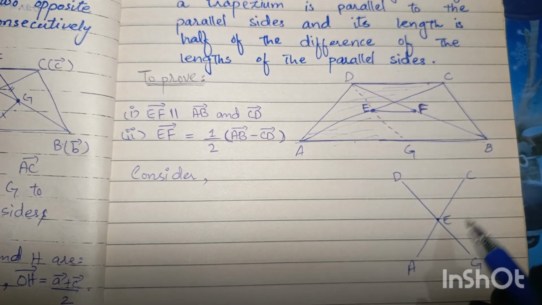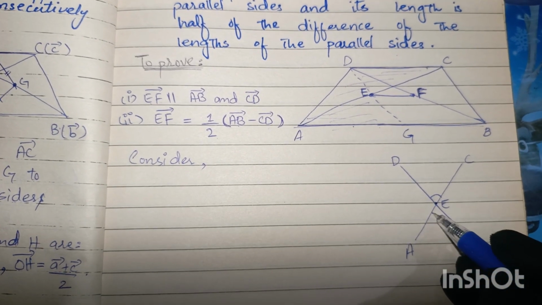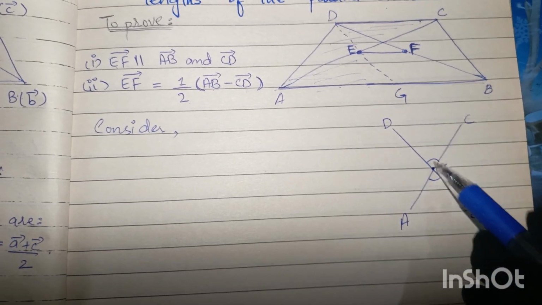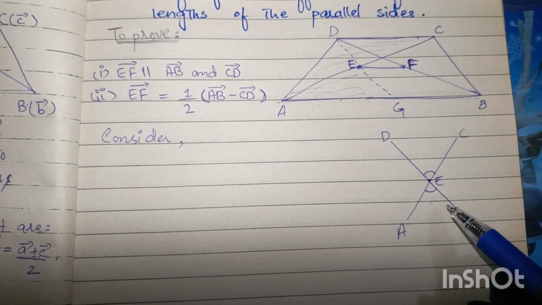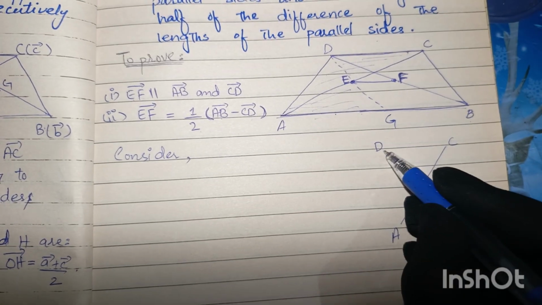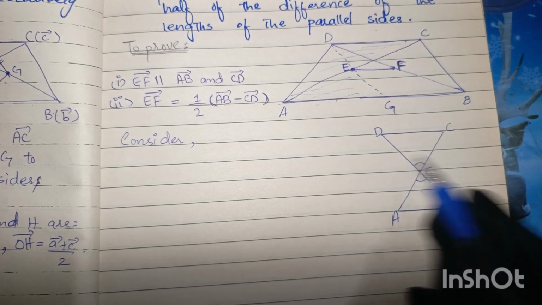Now these two angles will be equal because of the alternate angles. So now we solve this diagram first.